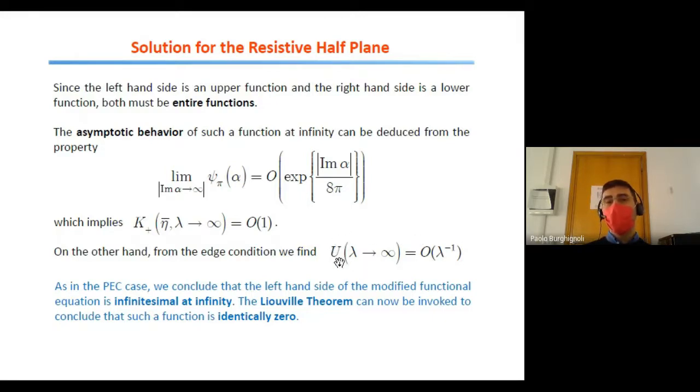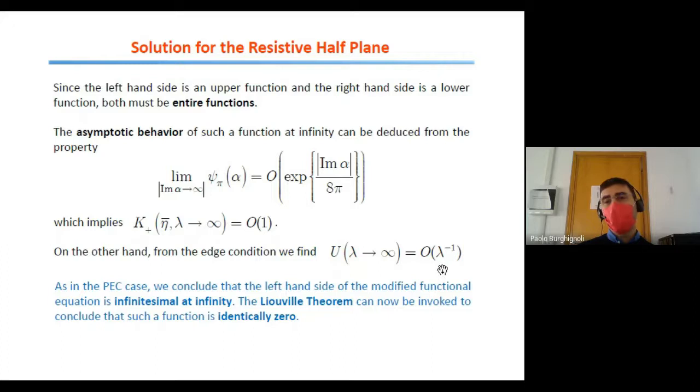That can be obtained by means of the edge condition, since the current density translates directly via Watson's lemma into the behavior at infinity of its Fourier transform. So in this case, what we obtain is that at infinity, the upper function behaves like the inverse of lambda.